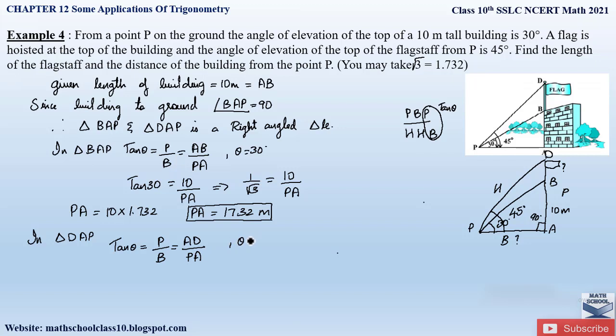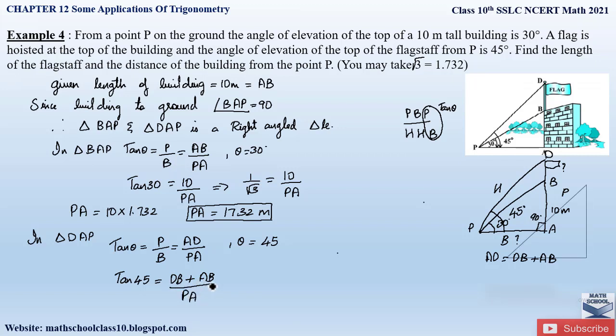Since our theta value is 45 degrees in the bigger triangle, tan 45 is equal to, here this AD value can be written as AD is equal to DB plus AB. Here the AB value we already know, that is 10 meter. So we have to find out the DB value. Therefore it can be written as DB plus AB divided by PA.